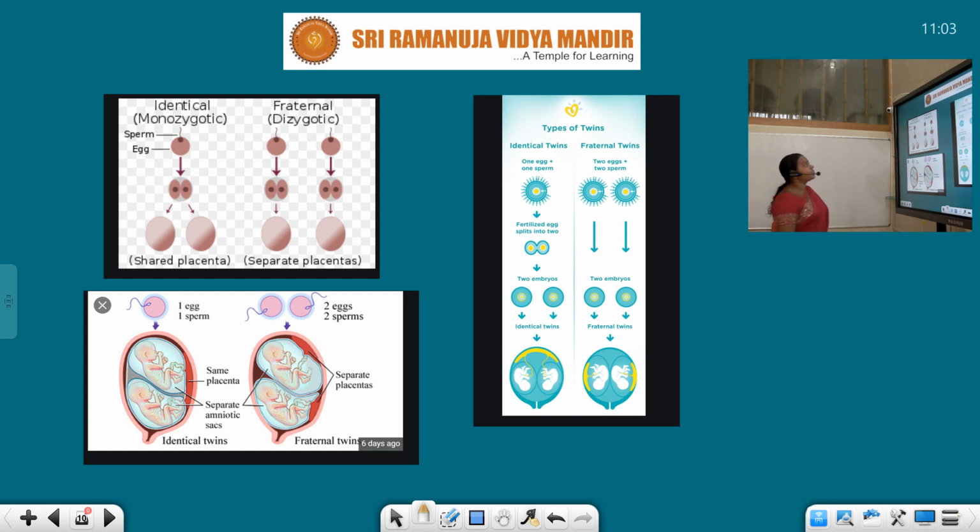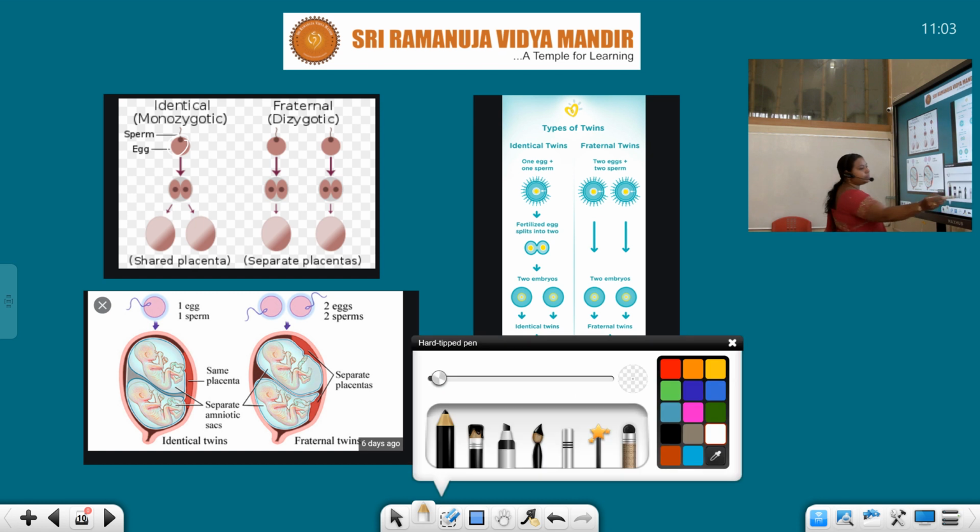See students, you just look at the first picture. First I'll explain about the identical, also known as monozygotic. In such a case, what will happen? There is a fusion of a sperm cell with the egg cell, then we'll get a zygote.